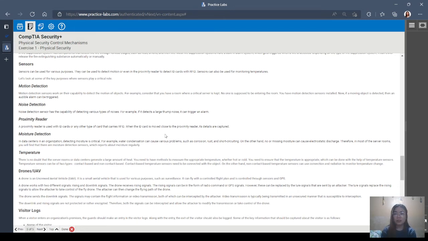Sensors work on their capability to detect the motion of an object. For example, consider that you have a room where a critical server is kept. No one is supposed to be entering the room. You have motion detection sensors installed. Now, if a moving object is detected, an audible alarm can be triggered.